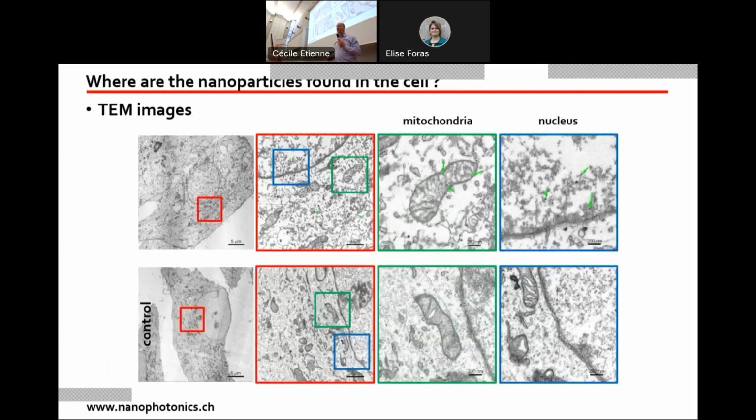We can actually look further by using electron microscopy, and in that case, we see that these gold nanoparticles are the little tiny black dots that you may see here. We've put green arrows to indicate them. They seem to be everywhere within the cell. So they go in the mitochondria, they go in the nucleus, they go in the membrane, they go everywhere.